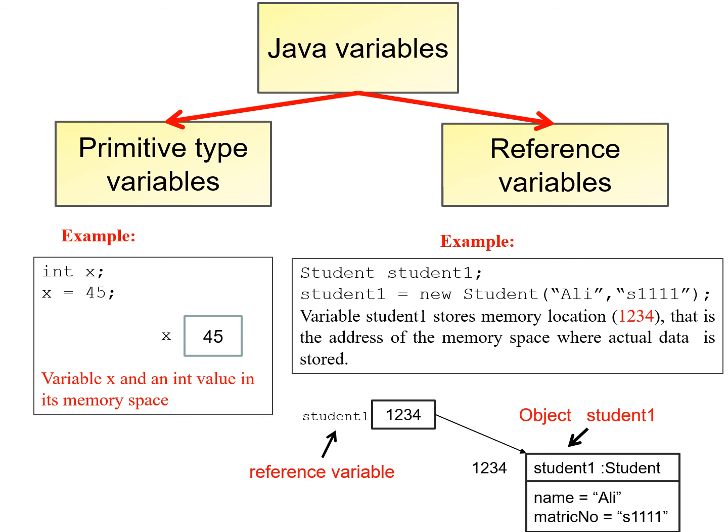So at the location 1, 2, 3, 4, you have the object created. That's slightly different from integer, double, float, where the value is stored at the memory space, whereas here it is storing the address of the object, where the object is somewhere else.